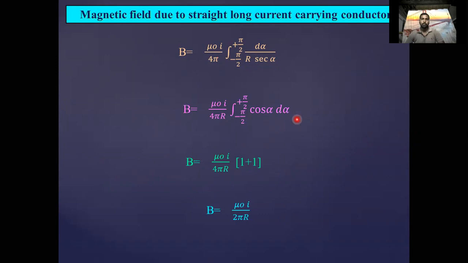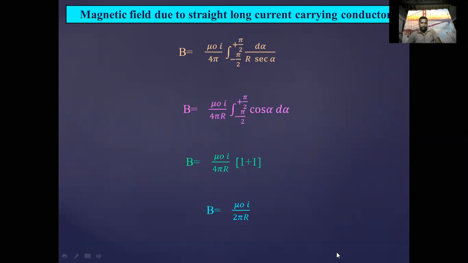B is equal to mu 0 I by 4 pi R sin alpha. Substituting the limits, sin pi by 2 is plus 1, minus of minus 1 is plus 1.